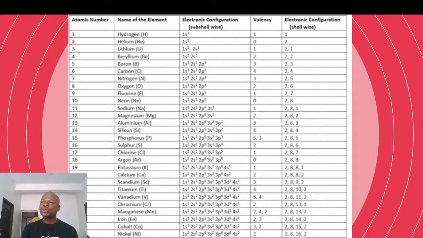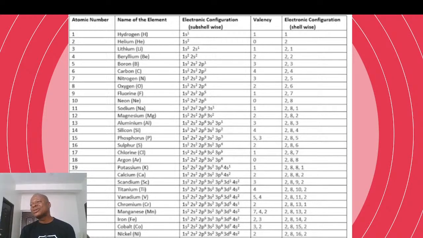Then, if you go to 7, the element that has atomic number 7, what you're going to get there is nitrogen. Remember that nitrogen has its symbol as N. Then let's look at the electronic configuration of nitrogen. You're going to get 1s2, 2s2, and 2p3.